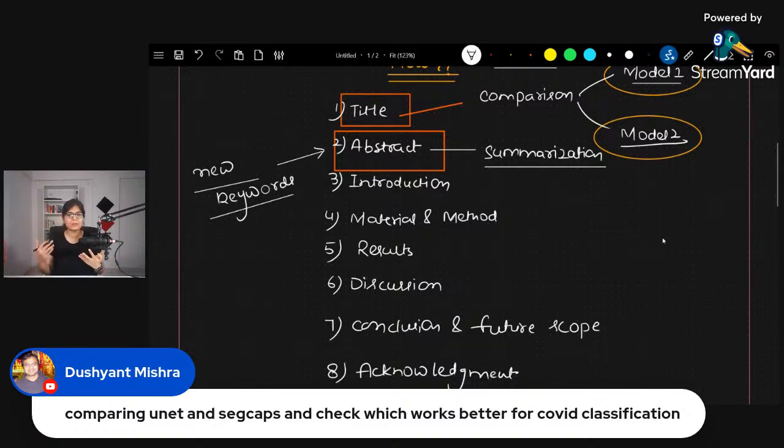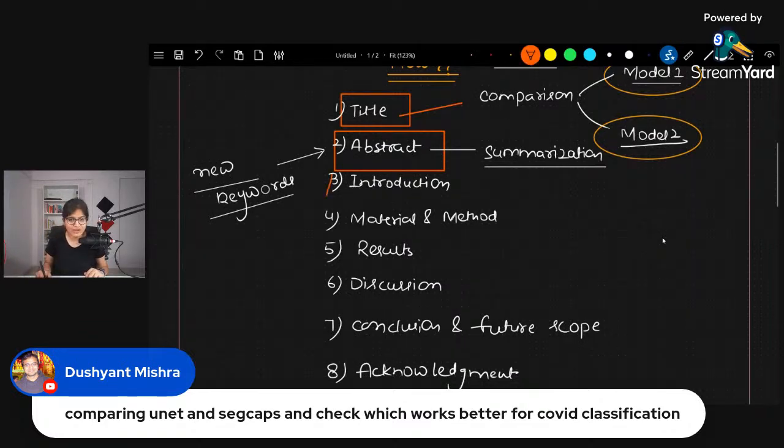Maybe there is someone who doesn't know what is UNet++, or someone who doesn't know what is SegCaps. They can just Google it out. They will get to know that okay, it's an image segmentation kind of algorithm that we have. Don't go in very much depth initially. Try to get a gist of what this research paper is saying.